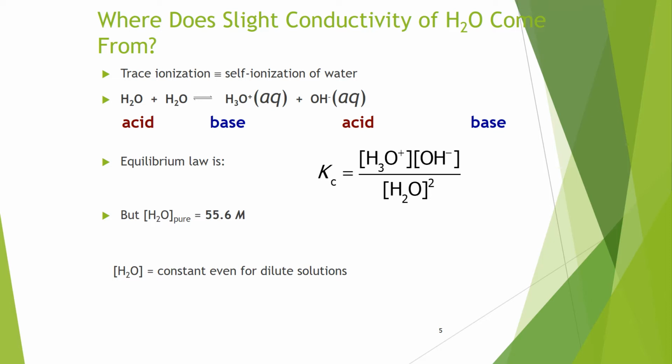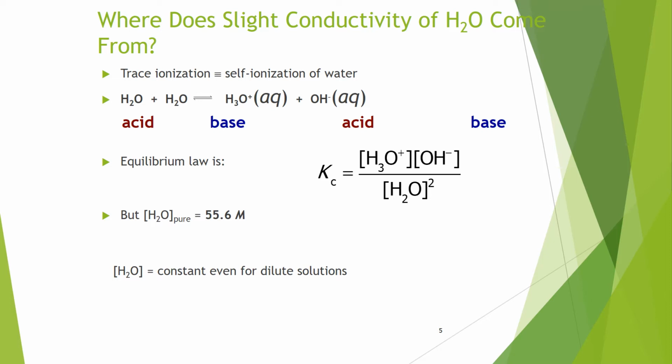Now, one of the things about this is that the water number is huge compared to the ion numbers. These are going to be on the order of 10 to the minus 8th, and this is 55.6 molar.